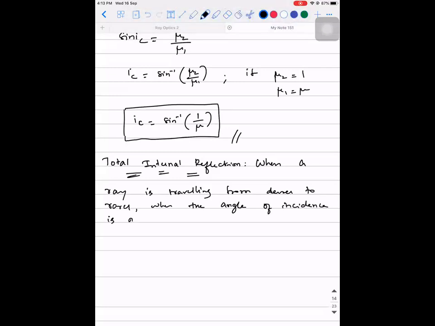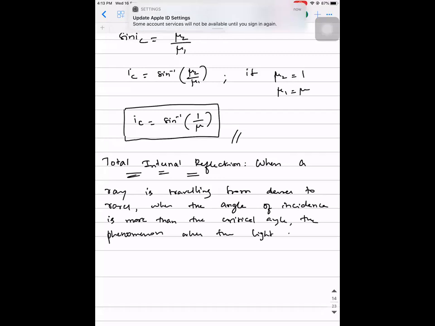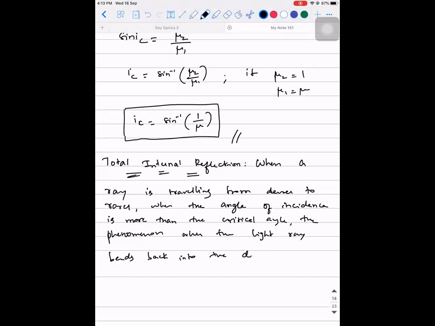When the angle of incidence is more than the critical angle, the phenomenon, and I'm using the word phenomenon because you can see it, where the light ray bends back into the denser medium is called total internal reflection.